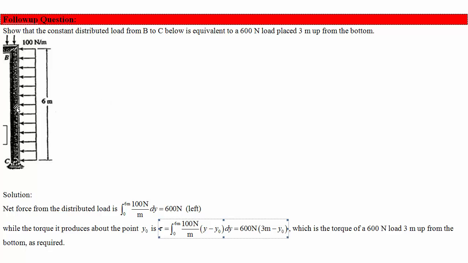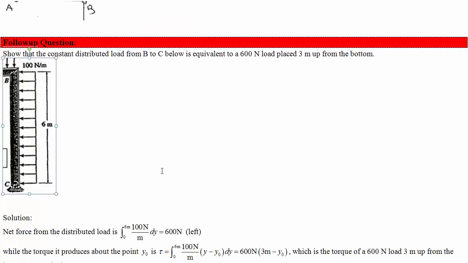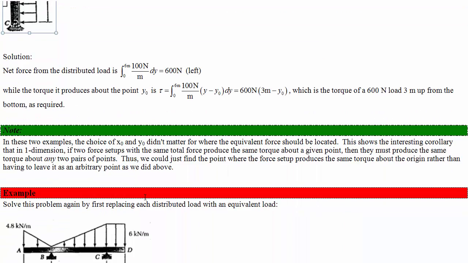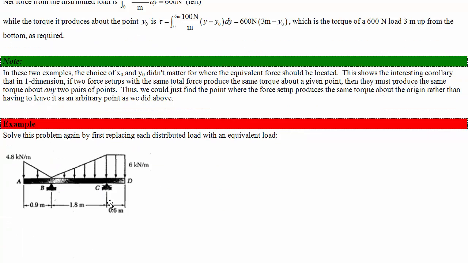So if you're not trying to prove that there's such a thing as an equivalent force, but you're just trying to find out where that equivalent force should be, you don't have to use an arbitrary point anymore. You can just pick any one given point and then say, okay, where should that location be? We should put the total force at a spot where it makes the same torque as this distributed load. And that's what we'll do later on.